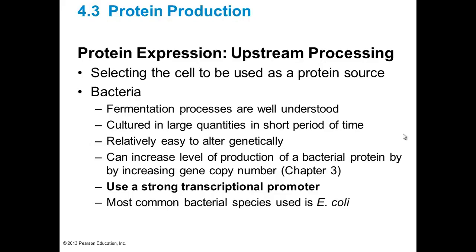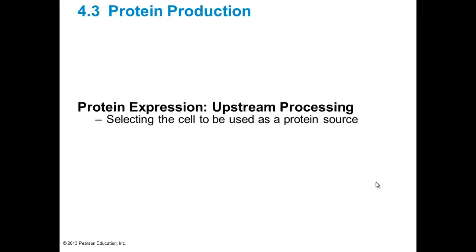And the expression is episomal, it's plasmid-based, so you can actually increase the level of protein production just by increasing the number of transformed plasmids in the cell. You use a strong transcriptional promoter. You want to make sure that the promoter is prolific so you get lots of copies of mRNA that will subsequently then be translated to protein. Okay. Most common is E. coli.